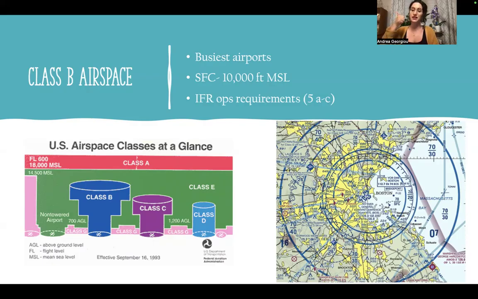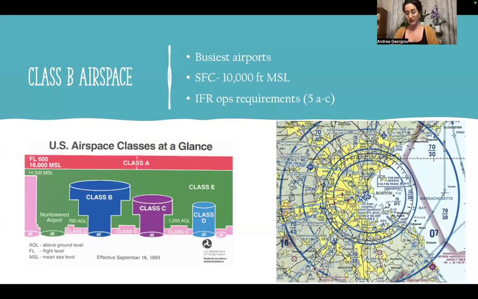So Class B is busiest. Next sentence says the configuration of each Class B airspace is individually tailored, so they can all be a little different depending on obstacles, clearances, nav reception, etc. They're individually tailored and consist of a surface area and 2 or more layers.